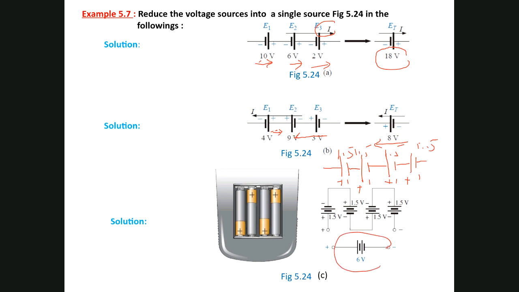If you change the direction of any battery, actually you are subtracting from 6 and the remote will not work. So be careful to put the same configuration here: negative, positive, negative, positive, which means you are going in one direction for all these sources.